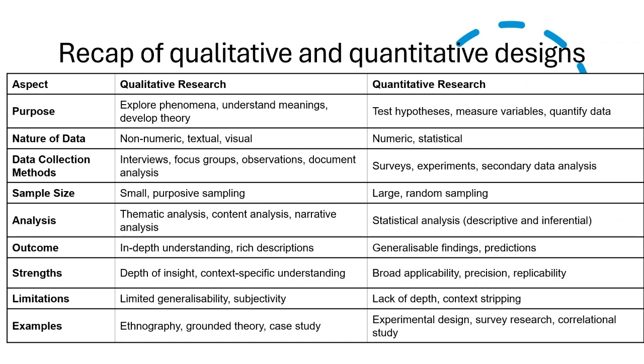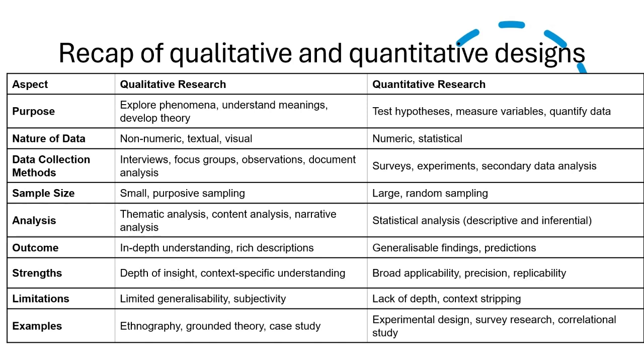In qualitative research, our nature of data is non-numerical, so it's either textual or visual, or it can be sound-based, but it is not numeric. Quantitative research is numeric and statistical. So the nature of data, qualitative is words and visuals. Quantitative, we're working with numbers. Data collection also differs.